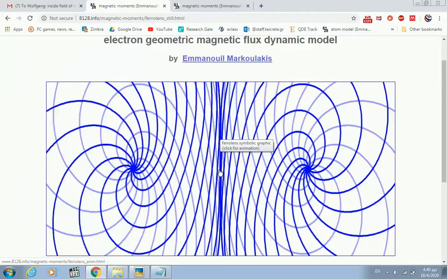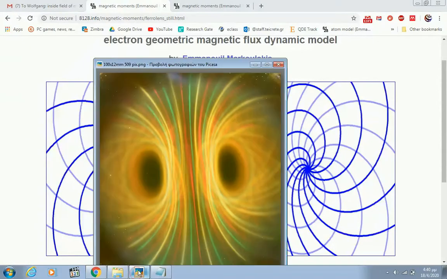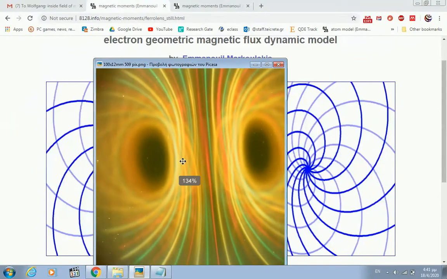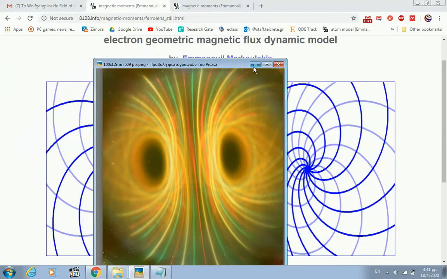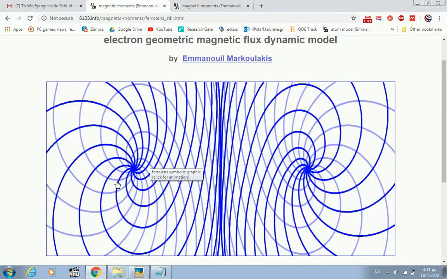And this here we say is the domain wall of these two.